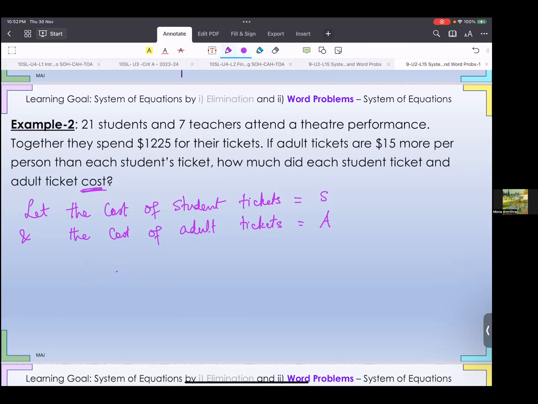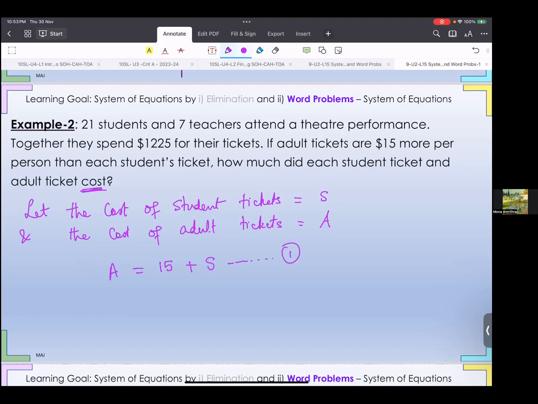So we're going to say adult tickets are $15 more than student tickets. So if you take the student ticket and then you add $15 to it, that's what you're going to pay for the adult ticket. Or you could write it as A minus 15 is equal to S, one way or the other. So that's your first equation.